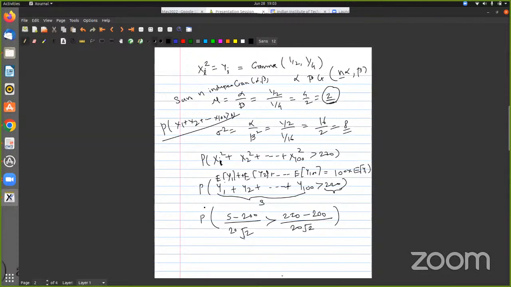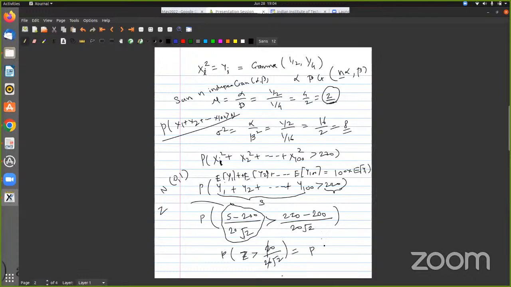It's fine. Sometimes if you forget, this is the basic procedure I'm trying to show you. So this entire thing is what now? It is normal 0 1, so I'll write only N(0,1). So the probability that Z is greater than this is plus 20 divided by 20 root 2.